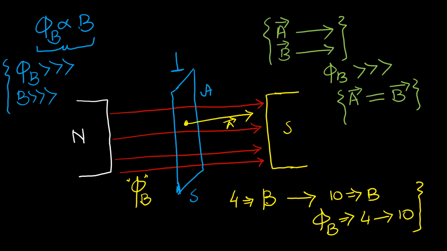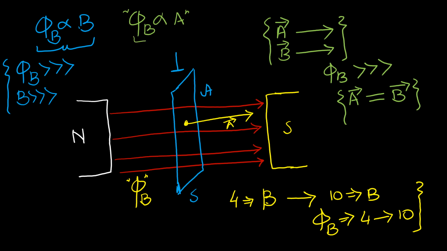So this means that magnetic flux is directly proportional to, or depends on, the area. If the area vector is parallel, then the maximum amount of magnetic field lines will pass through.